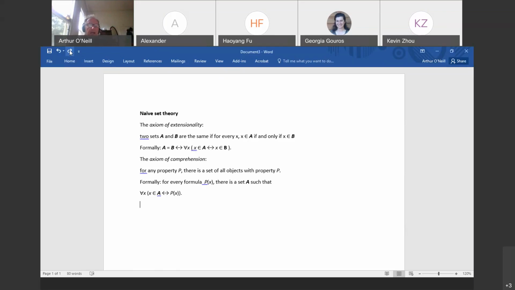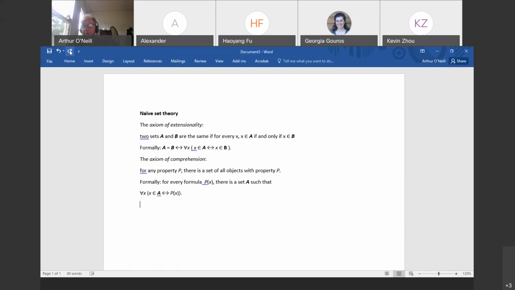Makes sense? And the other axiom was, well, what is a set? Well, it's just you give me a property, say red, and that's a set, the set of all red things. So for any property, there's a set that has as elements all and only those things that have that property.